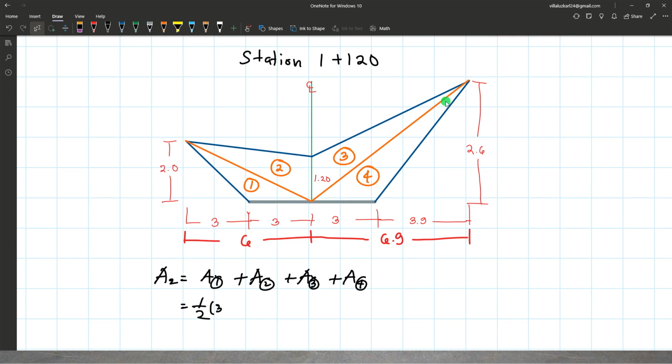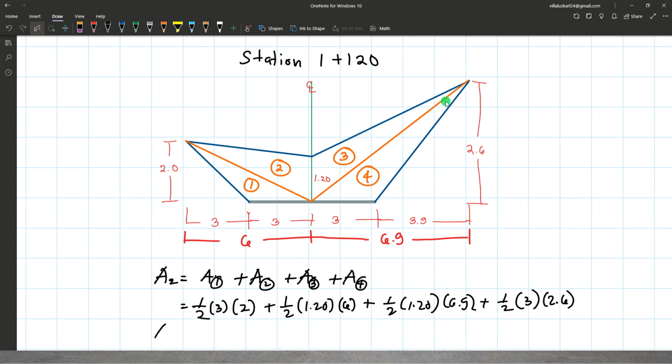Area 1, 1 half base 3, height 2. Second triangle, base 1.2, and height is 6. Third, 1 half, 1.2, and height of 6.9. Last triangle, 1 half, base is 3, height is 2.6. So the total area is 14.64 square meters.